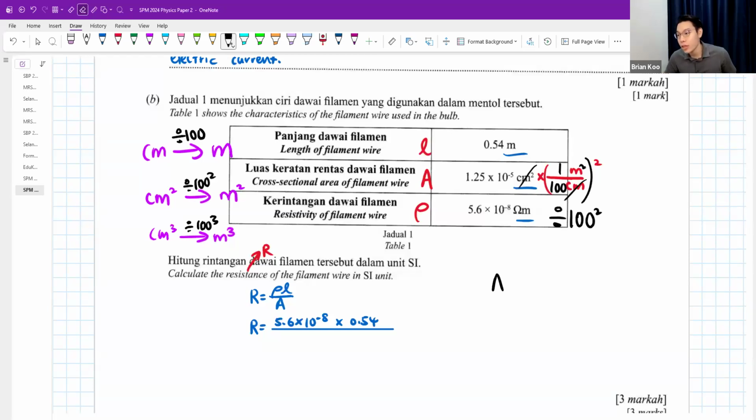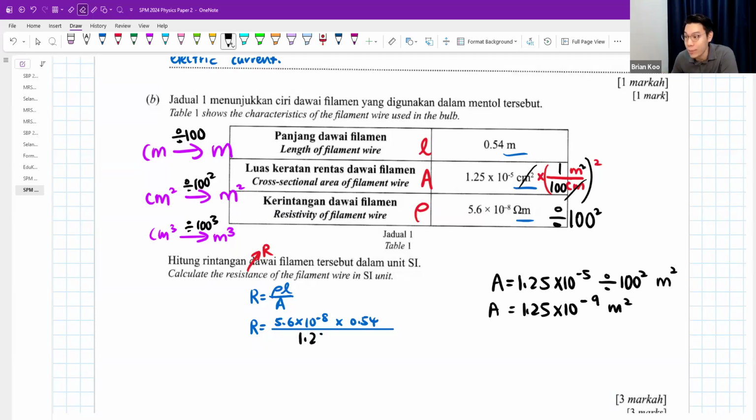So for your cross-sectional area, the fast way is you can divide by 100 squared to change to meter squared. If you type that in your calculator, it is going to be 10 to the power of negative 9 now, which is what we are going to sub. You get 1 mark for changing the unit, 1 mark for subbing everything into the formula, and 1 mark for the final answer with the correct unit, which is SI unit also.